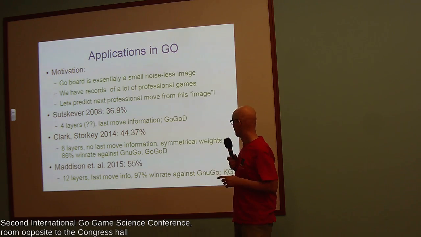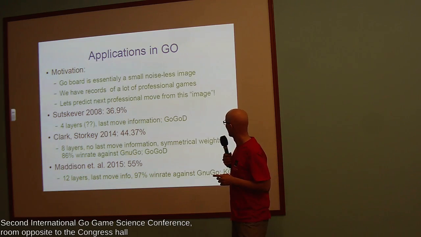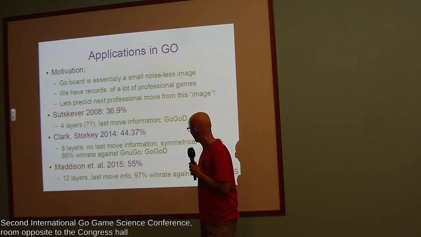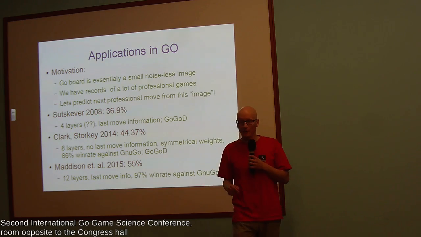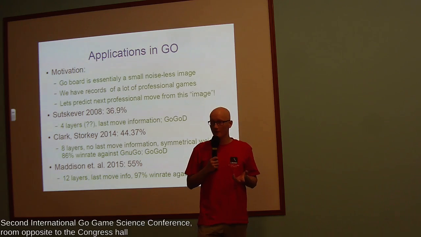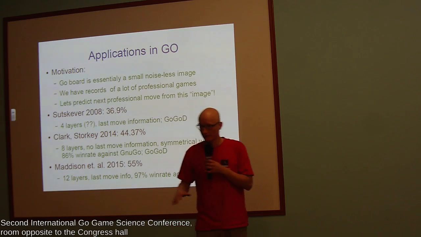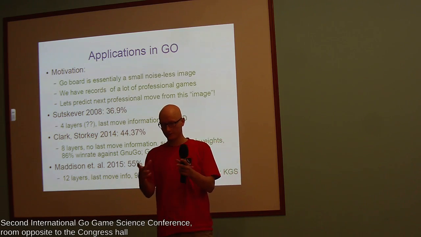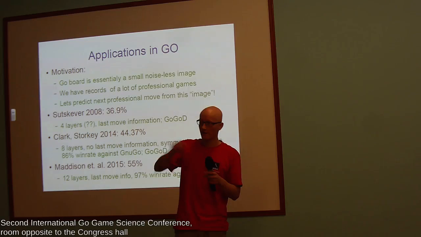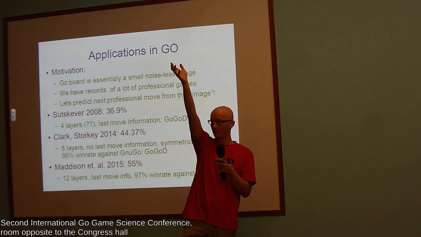But actually the converse is true. This is some old version, and the network was able to beat GNU Go like 86% of the time with no look ahead, just simply by having the input position, the Go board, as input, computing all the weights and predicting the probability of the next move.